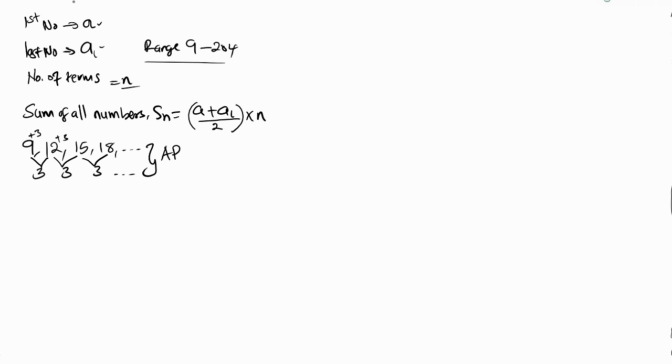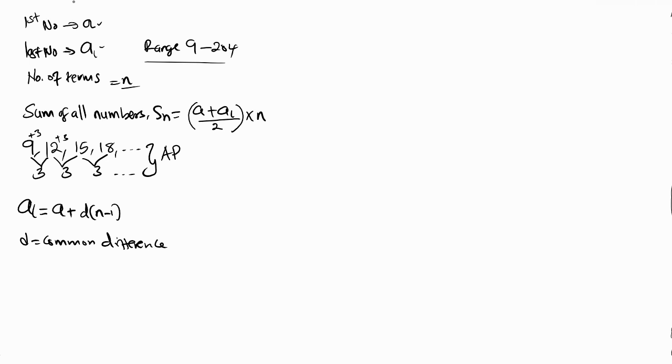And the last term, AL, of an arithmetic progression is given by this formula. So AL is, take the first term A, add D into n minus 1, where D is called the common difference.